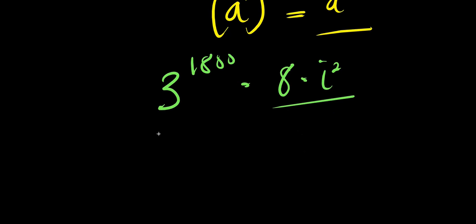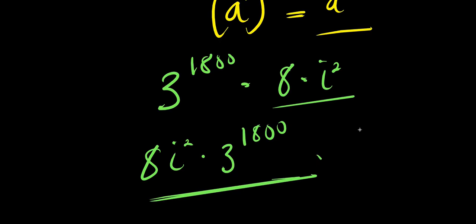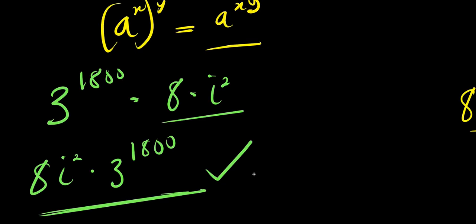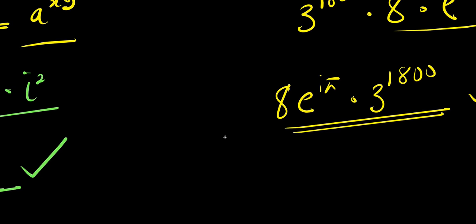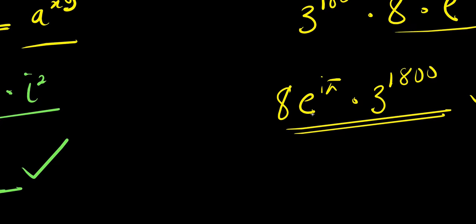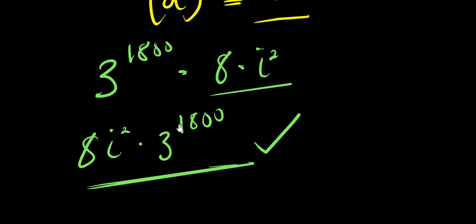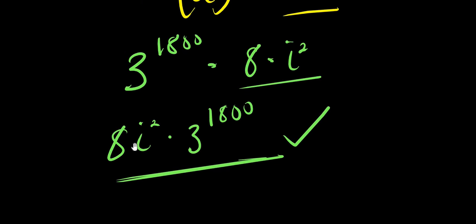So I will simply have 8 i to the power of 2 times 3 to the power of 1800. This is also a correct answer. Compare this to what we have here. Here we have 8 times e to the power of i pi times 3 to the power of 1800, while here we have 8 times i to the power of 2 times 3 to the power of 1800.